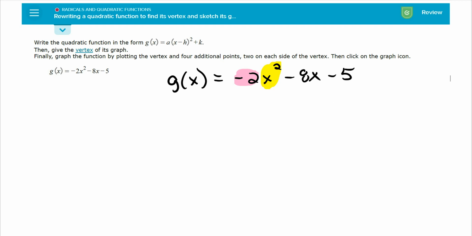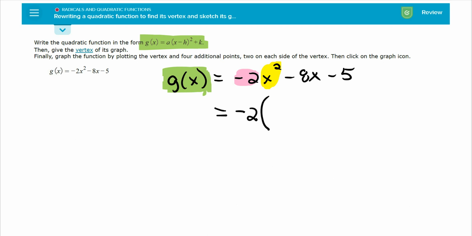Now, because I have to put it in this form here, you can't touch the left side of this equation. The left side has to remain as g of x, which means any work that I do can only be done on the right side of the equation. So the first thing I'm going to do is factor out the -2.